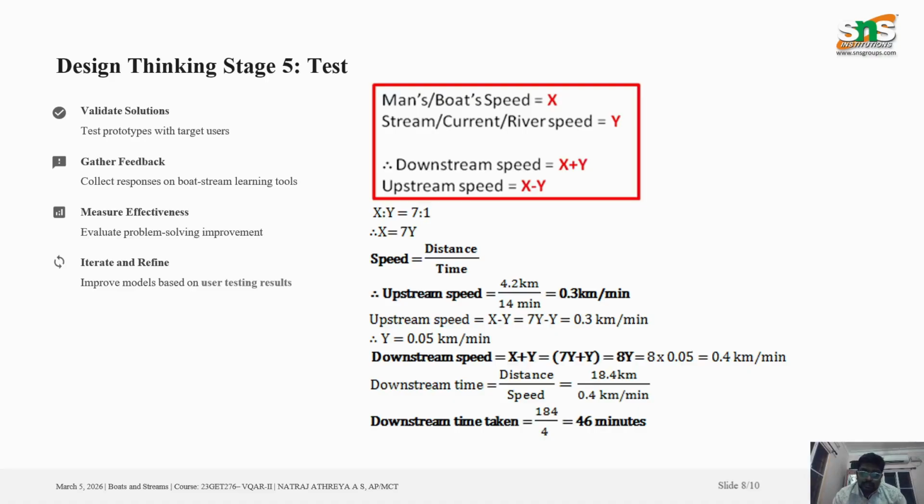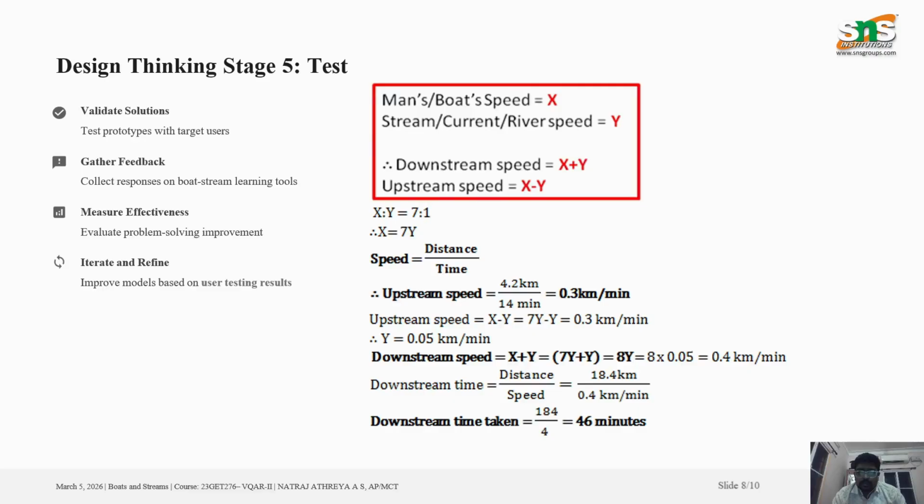Downstream speed will be x plus y. The formula is x plus y, right? We know that x is equal to 7y, so we get 7y plus y equal to 8y. Finally we get 8 multiplied by 0.05, which is 0.4 kilometer per minute.